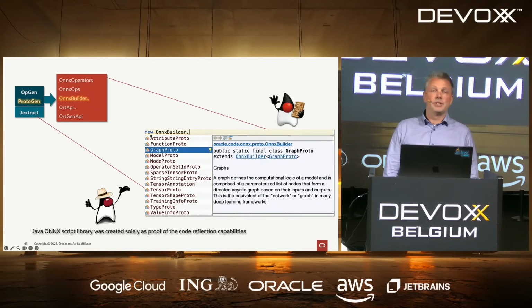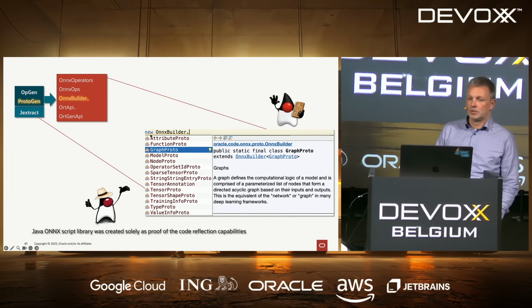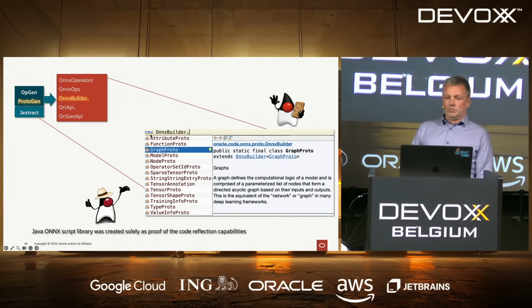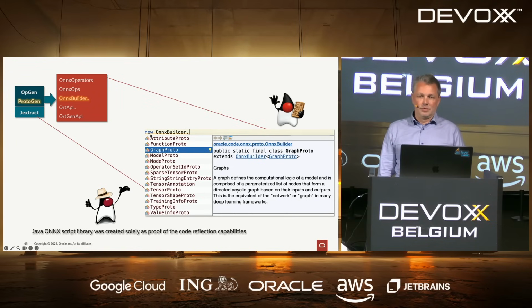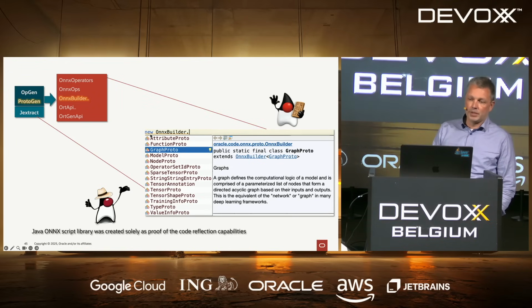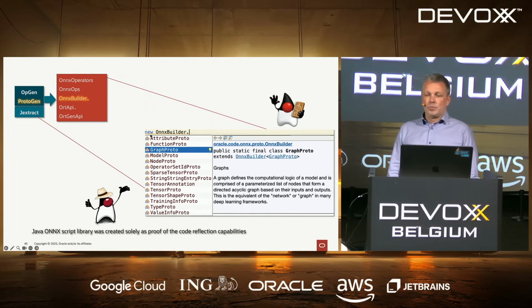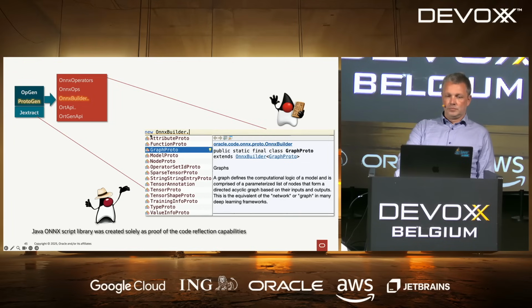ONNX builder is also generated from the protobuf specification. We use it in the ONNX script library to generate the binary ONNX protobuf files. So we need something to really export it to the binary. There might be alternative ways, of course.